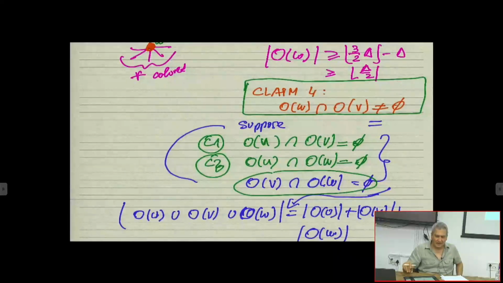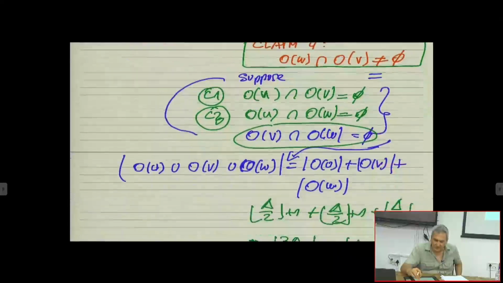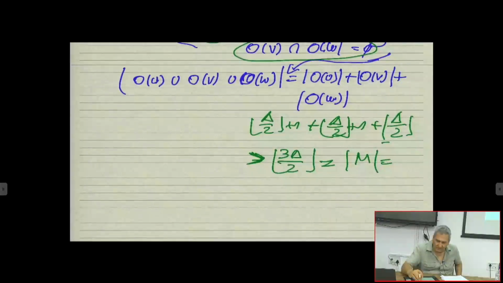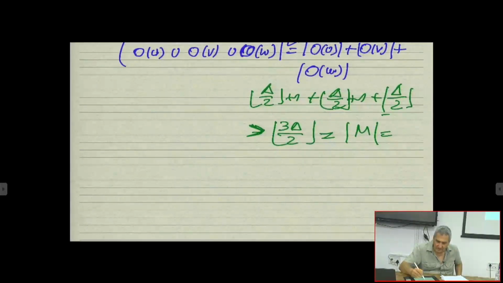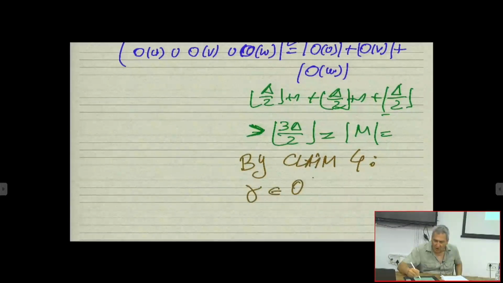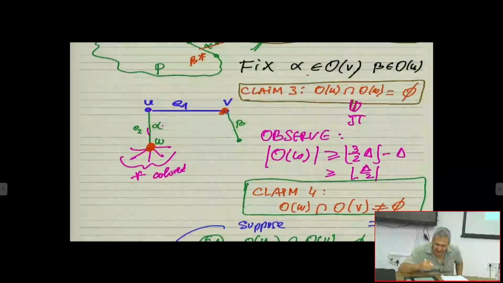Okay? So by claim 4, there exists some gamma which is in the intersection of O of W and O of V. So gamma is missing at W and missing at V, yes? Let's take the figure again. Our figure.